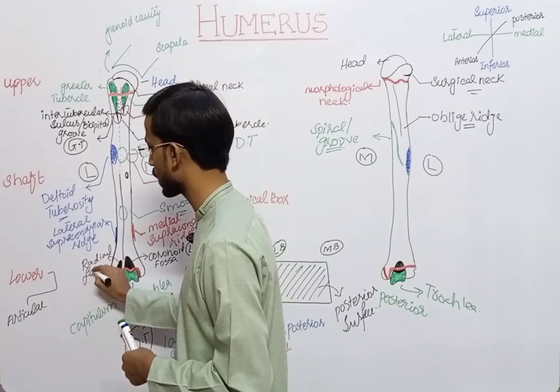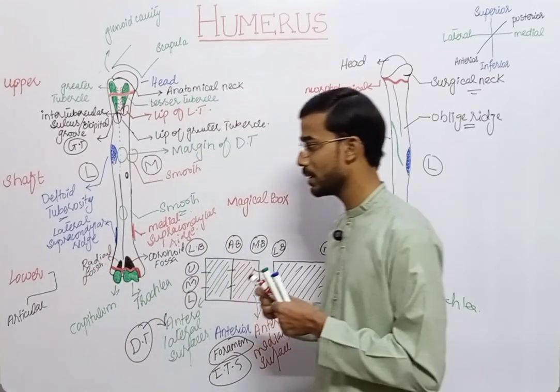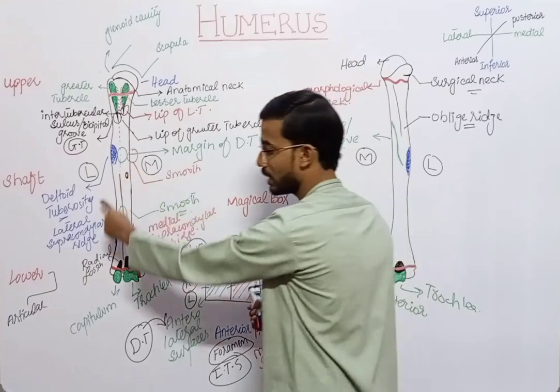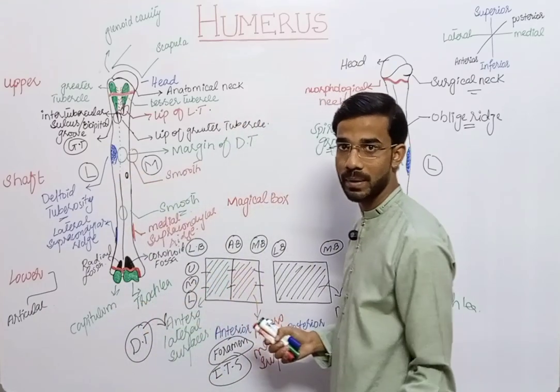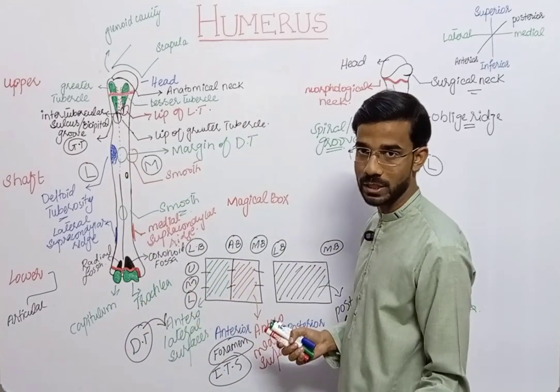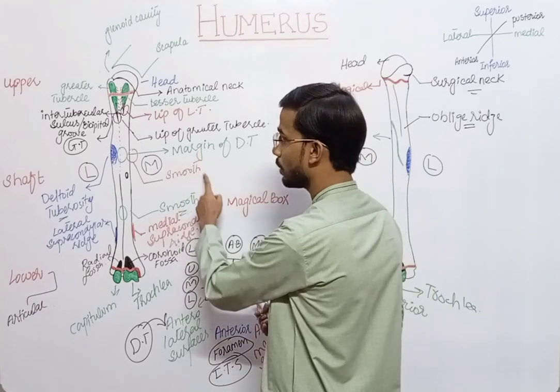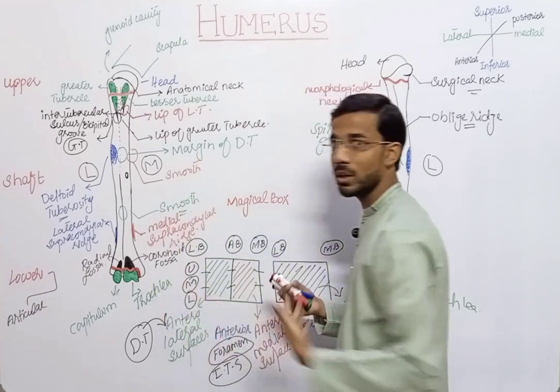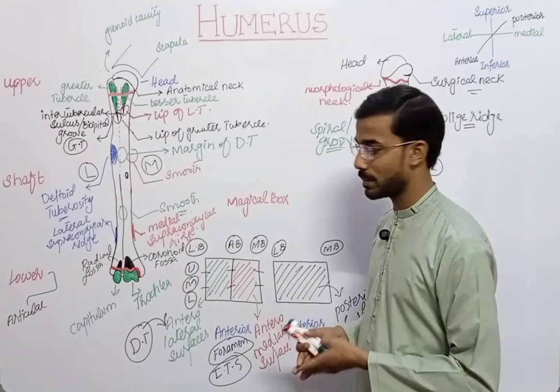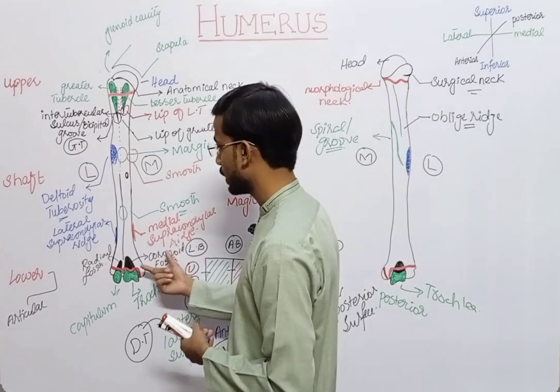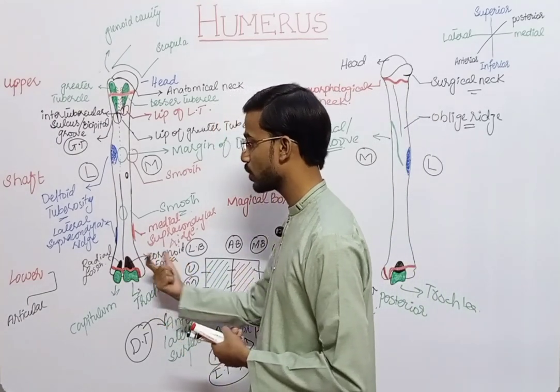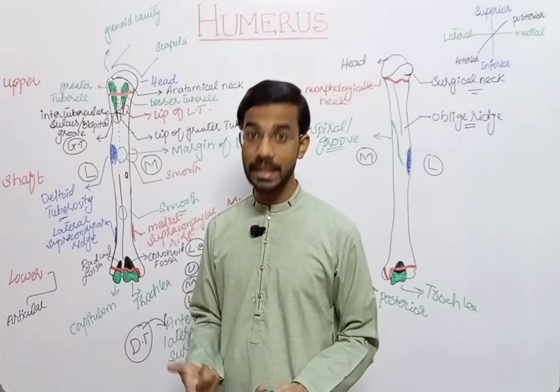Keep in mind, at the lateral side which bone is present? Radial bone is present. But at the medial side which bone is present? Ulna is present. So there are two fossae, coronoid fossa and radial fossa, at the anterior side.